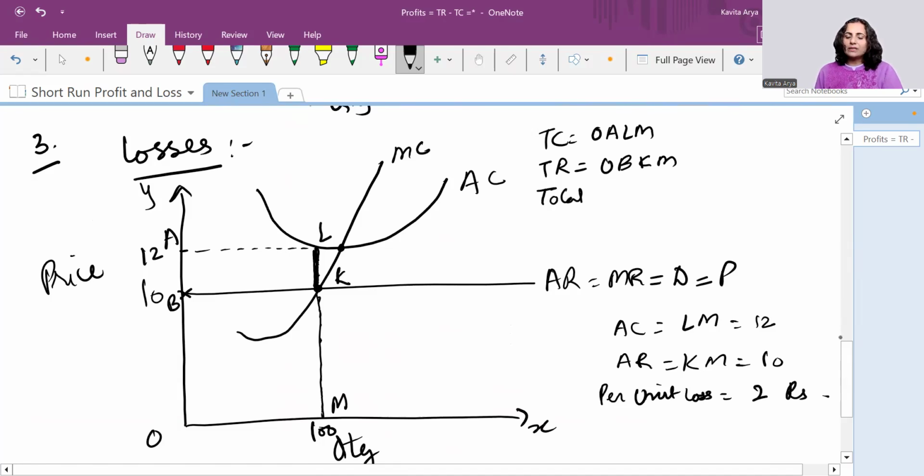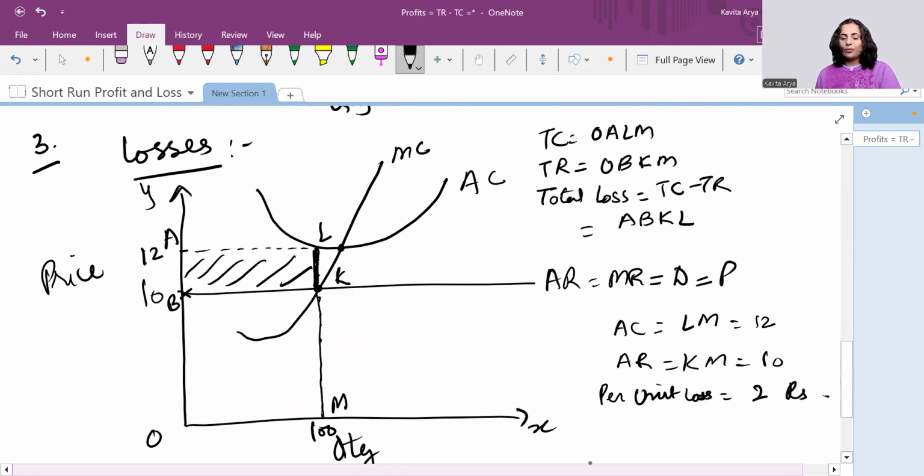So total loss is equal to the difference between the TC and TR. That's equal to ABKL. This difference, right? So if per unit loss is 2, and what is the total quantity being produced? That is 100. So total loss would be to the tune of 2 into 100. That gives you 200 rupees.